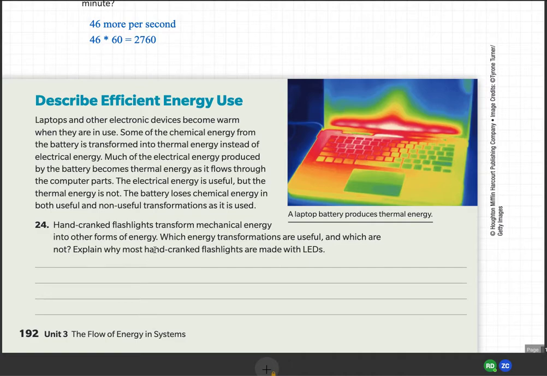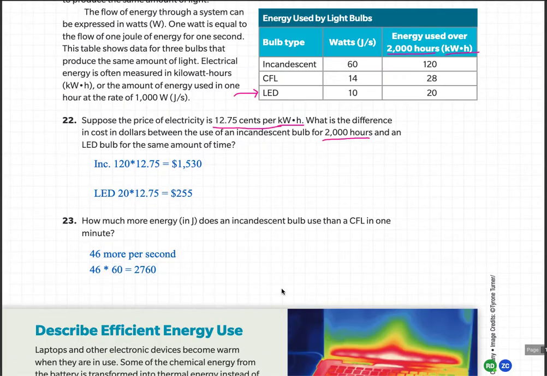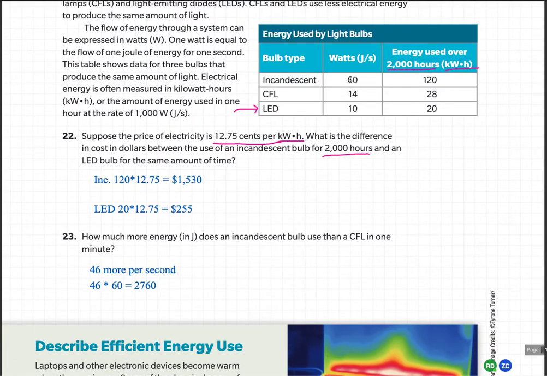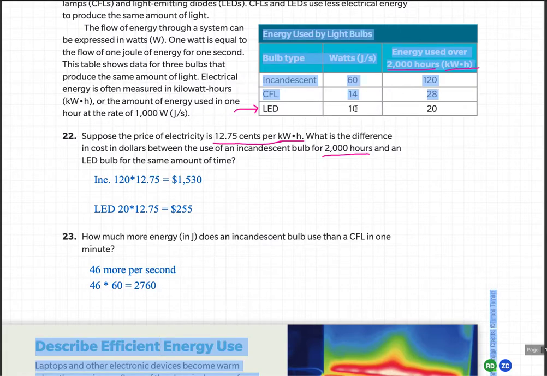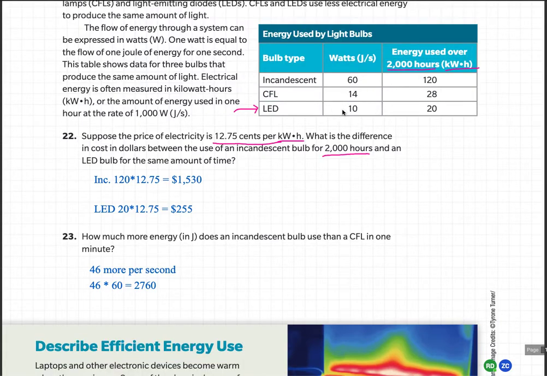So why would most hand-cranked flashlights be made with LEDs? Well, if you have to crank a flashlight in order for it to be on, you don't want to be cranking a flashlight and have, or look at this, 60 compared to 10. Let's say this one you'd have to wind one time for a certain amount of energy.